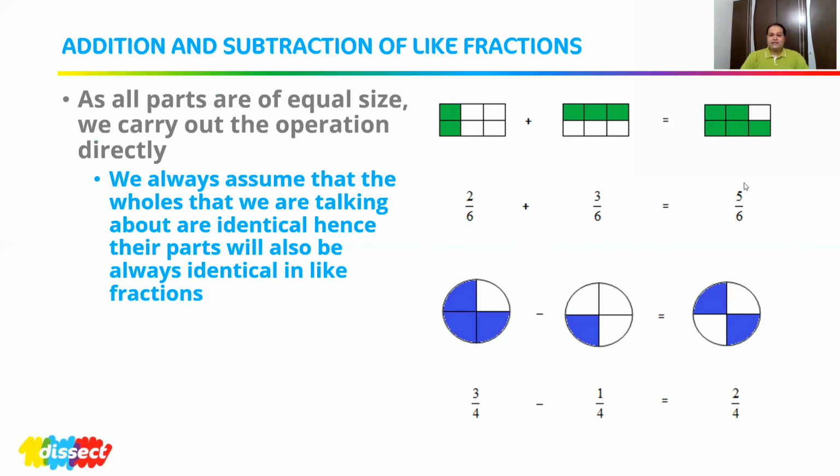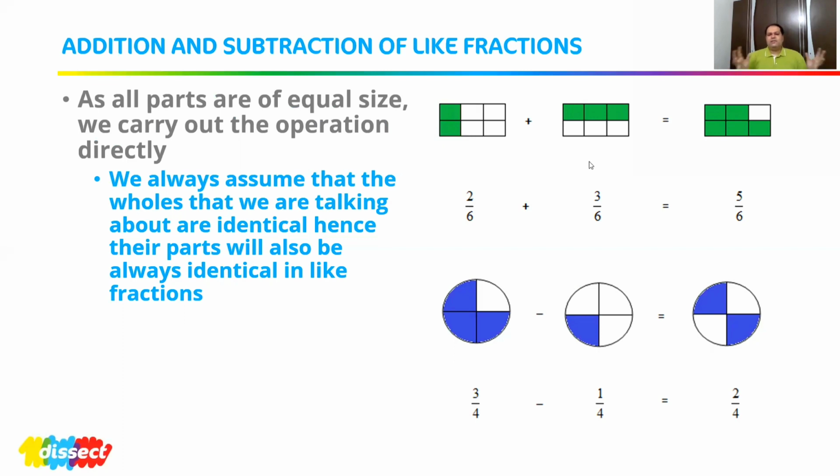Let us also see what is happening visually. Here, 2 by 6 means that we have 2 selected parts out of one whole. So the whole has been divided into 6 parts and we have selected 2 parts. Here we have the same size of whole, also divided into 6 parts, and here we have 3 parts selected.